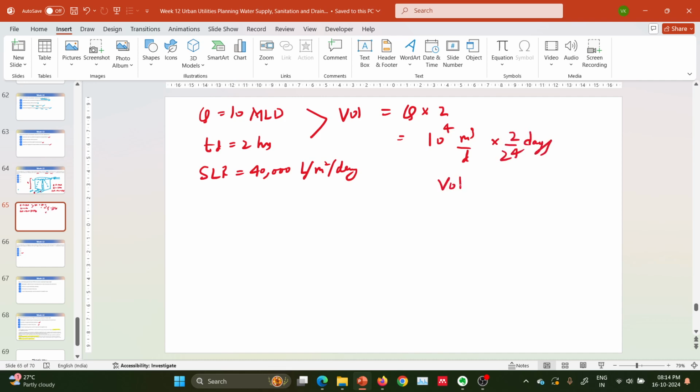The volume comes out to be 833.3 meter cube, and this is the volume of the sedimentation tank.